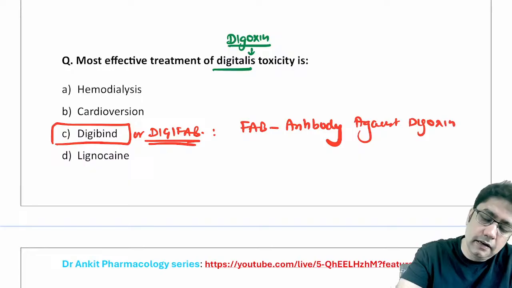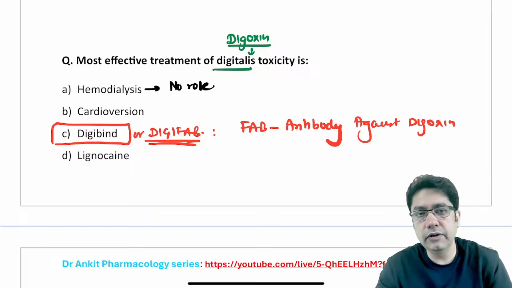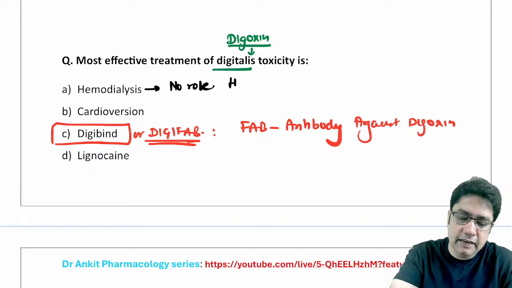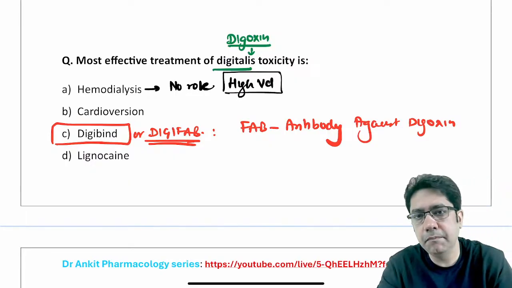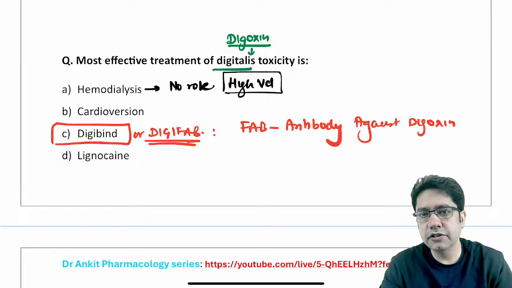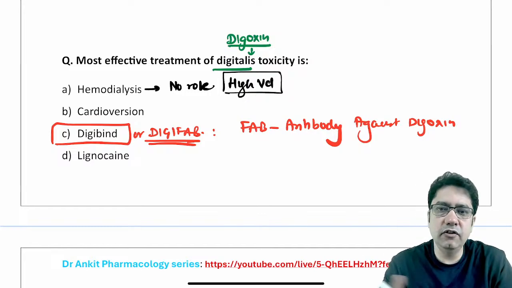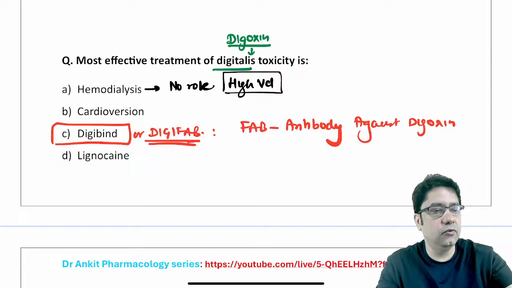Okay. Now remember, in digoxin poisoning, hemodialysis has no role. There is no role of hemodialysis in digoxin poisoning because digoxin has a very high volume of distribution. That means it is not present in blood, it is rather deposited in tissues. So why you are taking out the blood of a patient and doing hemodialysis?